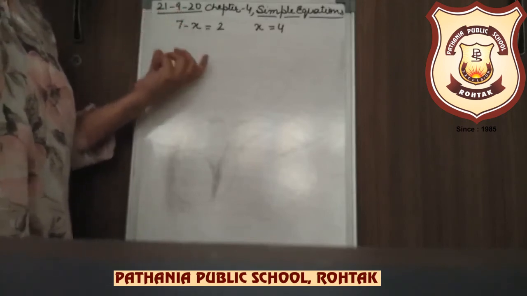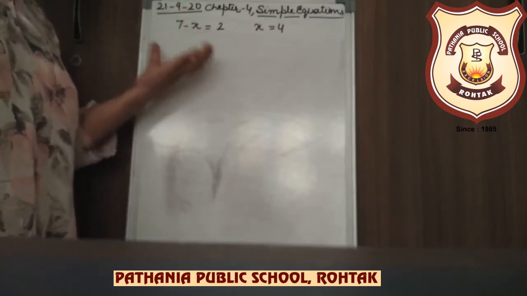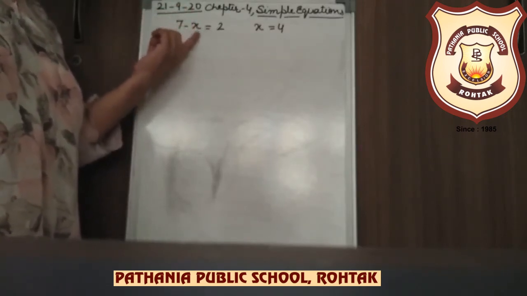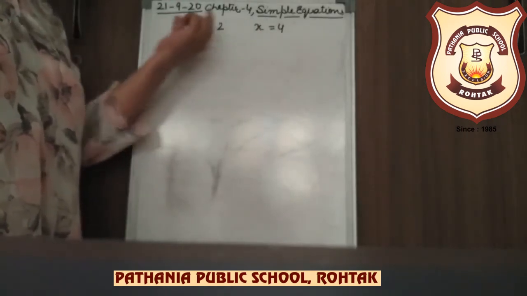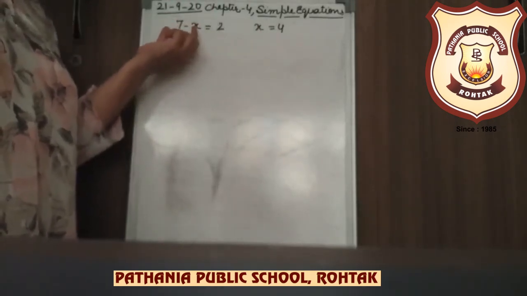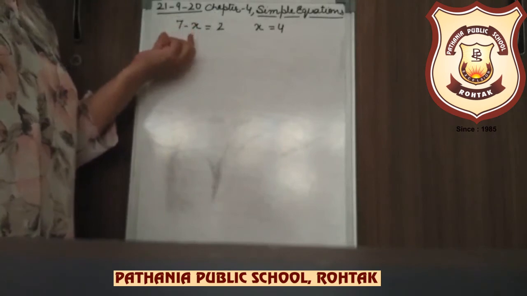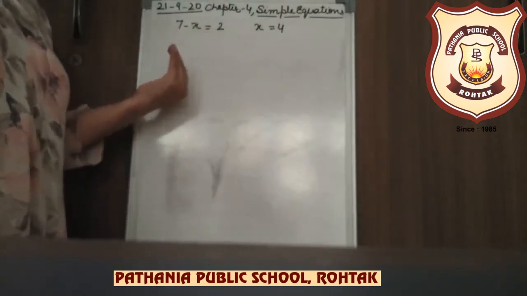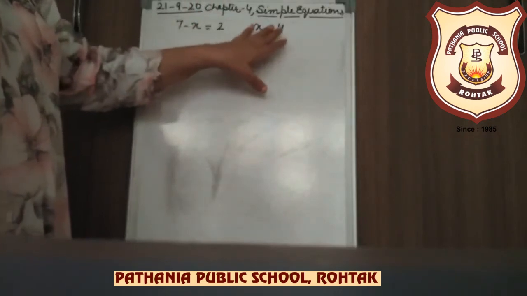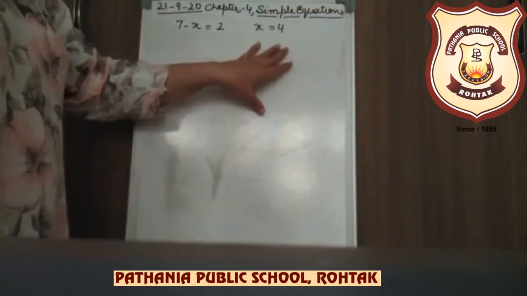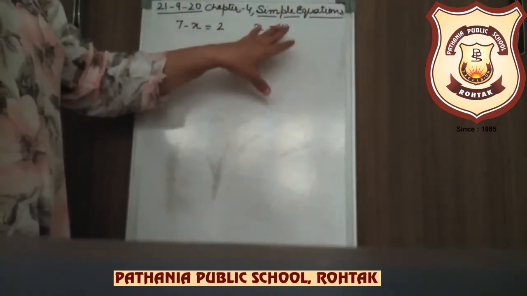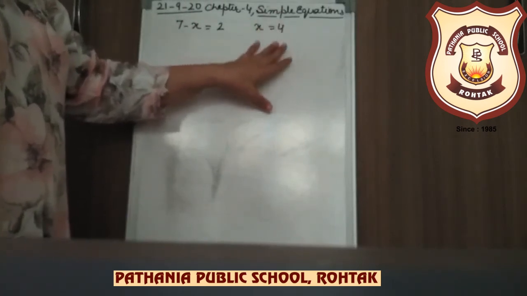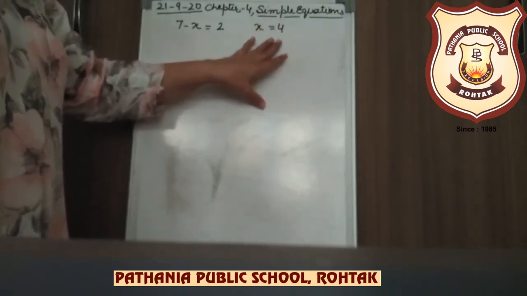Now here, instead of finding the answer for the variable, the value is given and you have to show that the left hand side is equal to the right hand side. If it is coming correct, it means this value is correct for the equation, and if not, then this value is not correct for the equation.